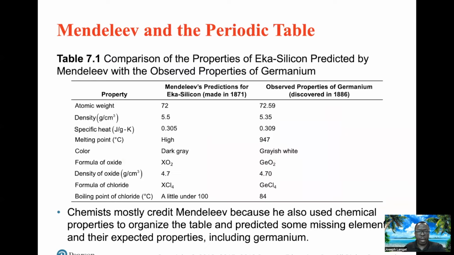This is the main reason why Mendeleev is given credit for organizing the periodic table: germanium and gallium. Eka-silicon means before silicon.